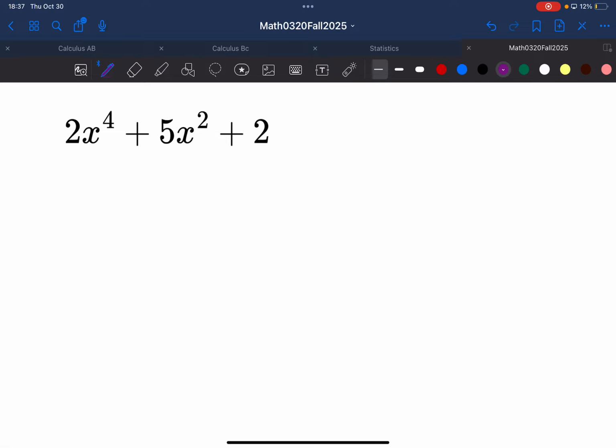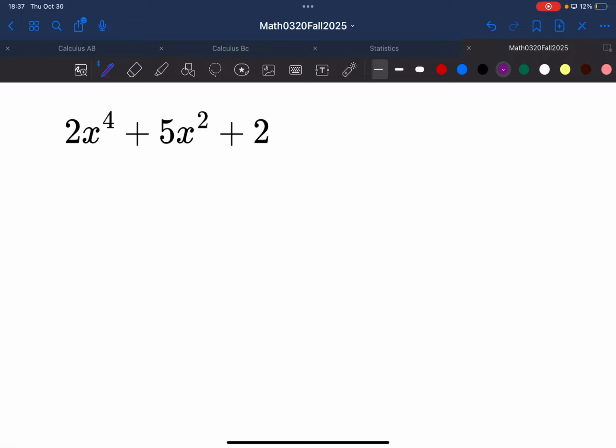Okay, and then we end up with something like this. 2x to the fourth plus 5x squared plus 2. GCF would be x squared. It's a good thought, but the 2 at the very end doesn't have an x squared, so I can't take out an x squared.